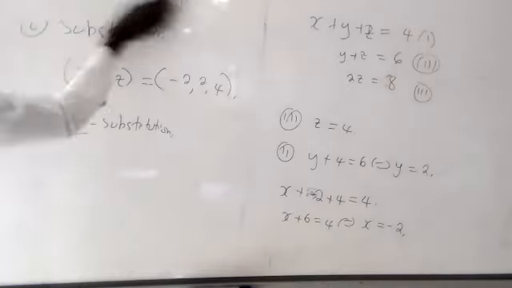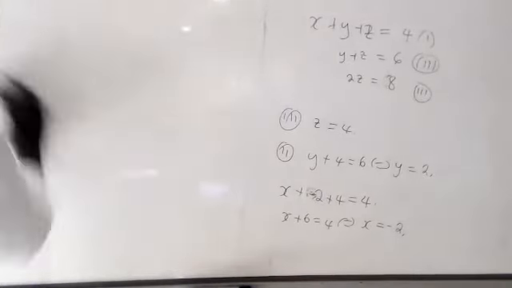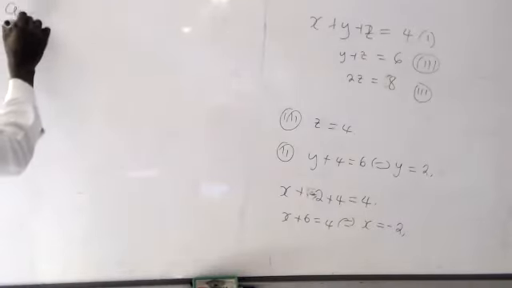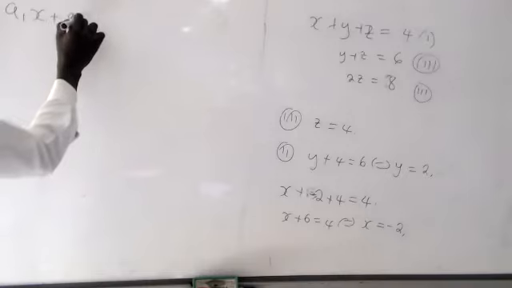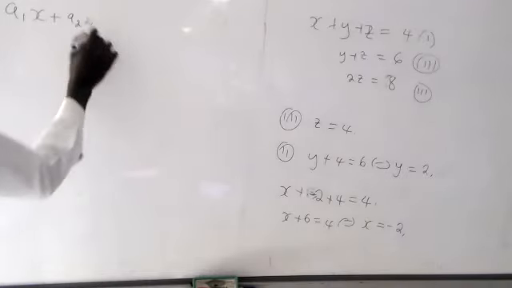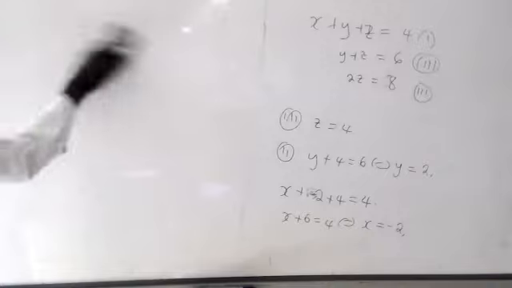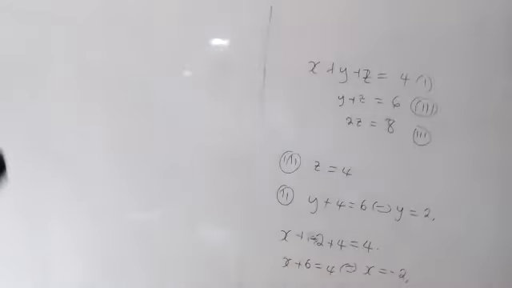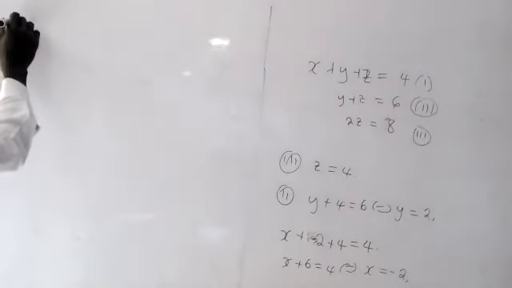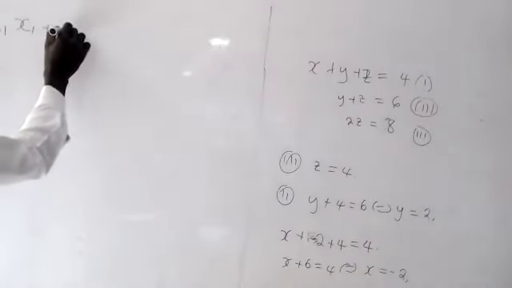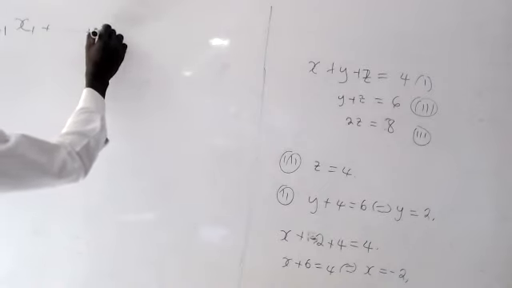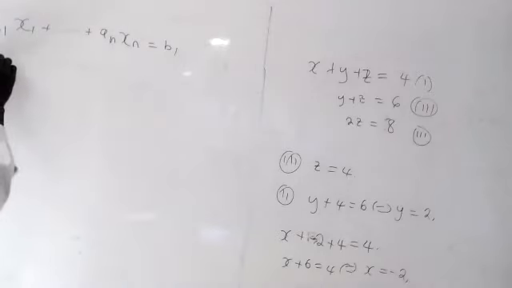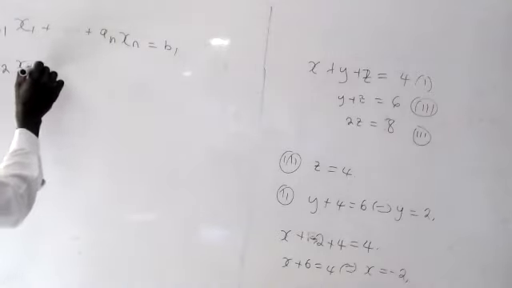For example, if I give you a system, let's say a1 x1 all the way to an xn is b1, then a2 x1.